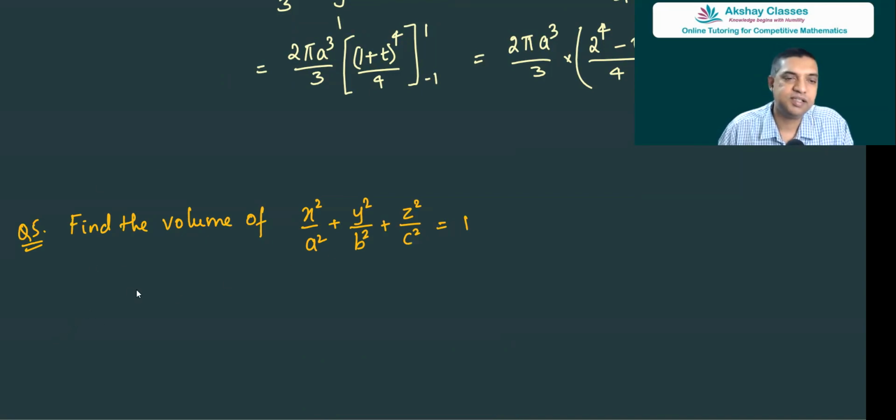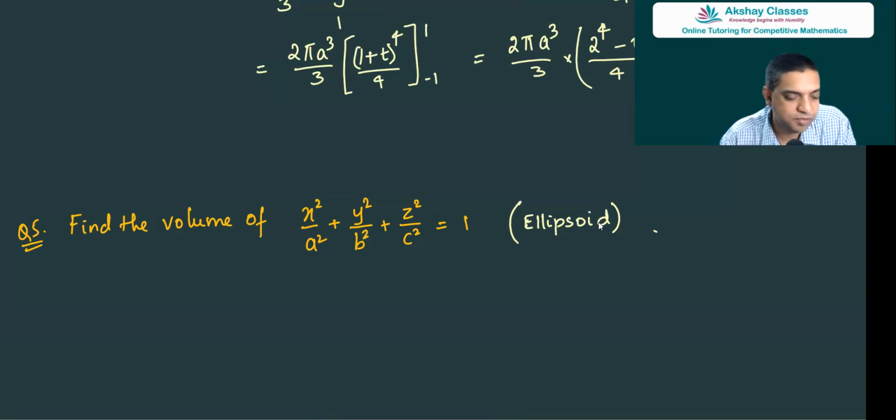What is this? This is called an ellipsoid. You put z equal to 0, that means in the xy plane it will be an ellipse. Then you put y equal to 0, in the xz plane it will be an ellipse. Put x equal to 0, in the yz plane it will be an ellipse. So any plane you cut through, it will be an ellipse.